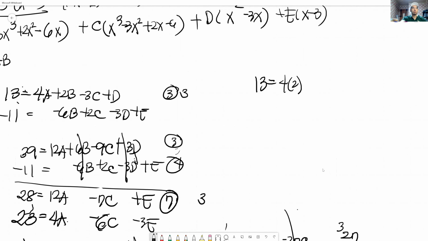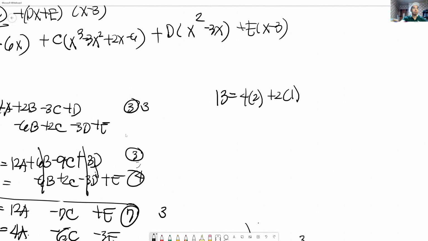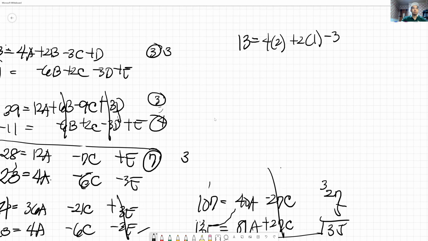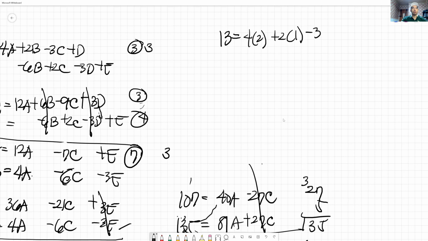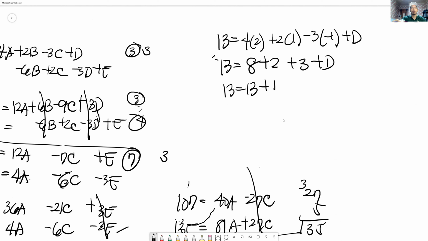So 4 times 2, plus 2 times our B, which is 1, minus 3 times our C, which is negative 1, plus D. So this becomes 13 equals 8 plus 2 plus 3 plus D. 8 plus 2 is 10, plus 3, that is 13. Transposing that to the other side, our D is equal to 0. We now have solved all of the arbitrary constants.